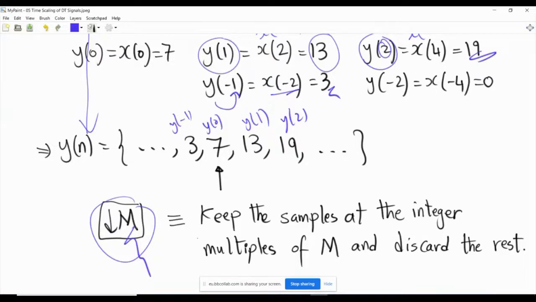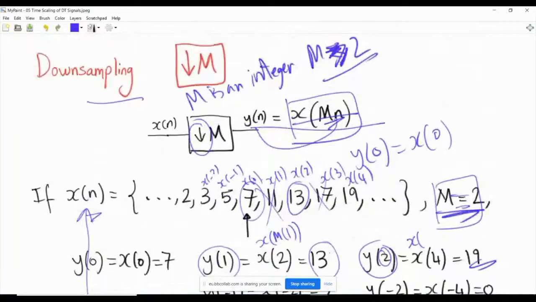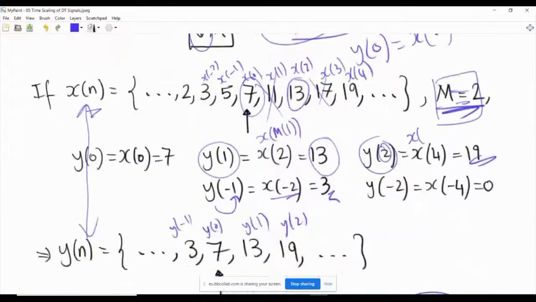You take x of 0, then discard M minus 1 samples, then take x of big M, then discard M minus 1 samples, then take x of 2 big M, and you do the same on the negative side. So you keep the samples at the integer multiples of big M, while the others simply disappear. They are completely removed from the sequence. So we get an effect that looks like this.